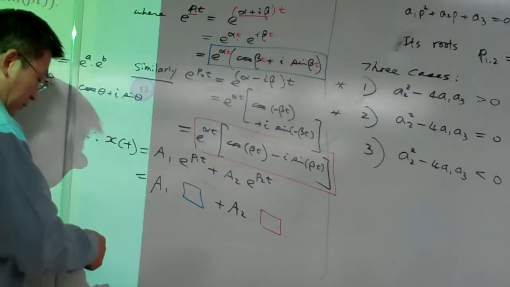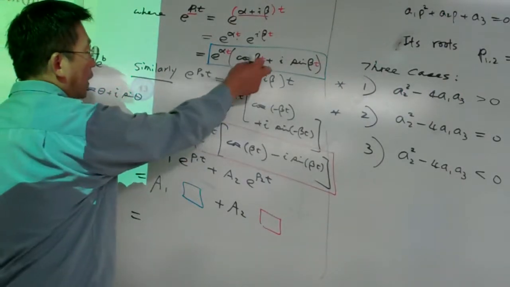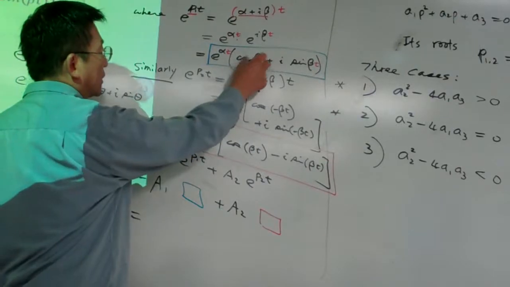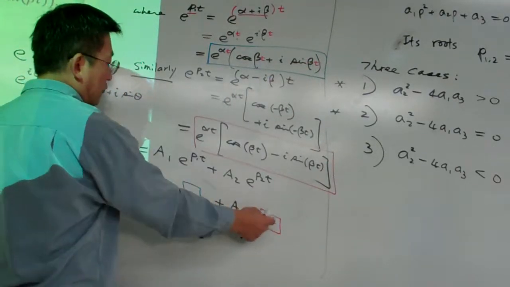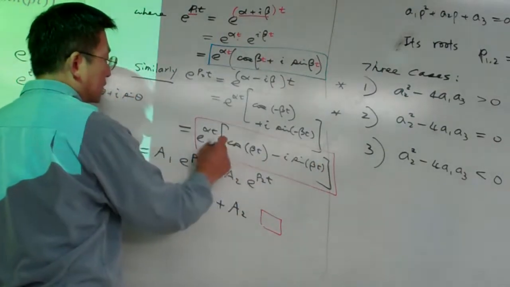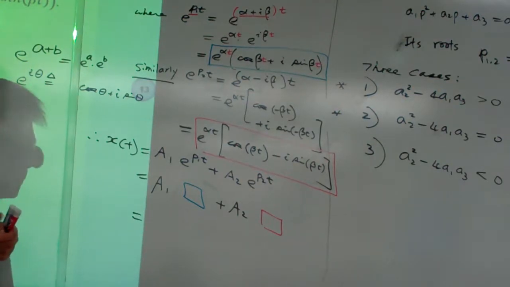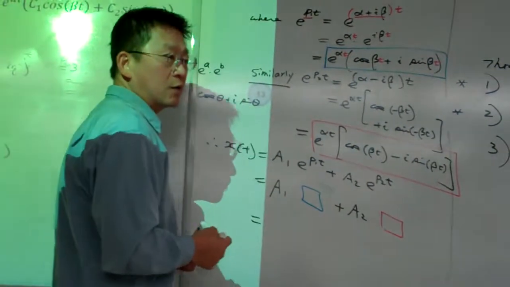Actually, the results can be written as follows. For the blue term here, we have the base cosine beta t and sine beta t. For the red one, we also have cosine beta t, sine beta t. The remaining is simply the signs playing around. So after the linear combinations, look at this carefully.